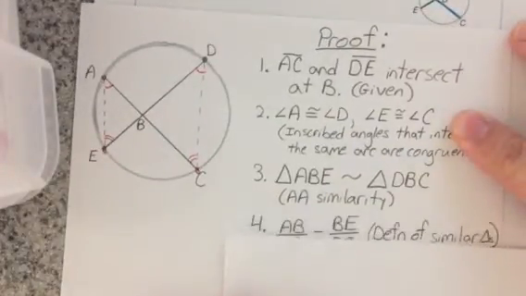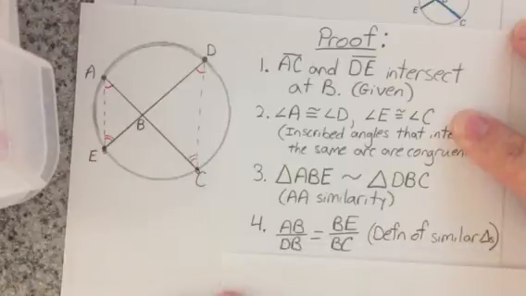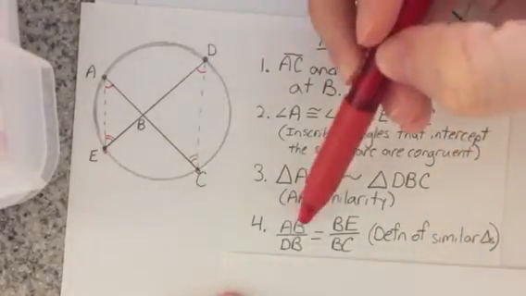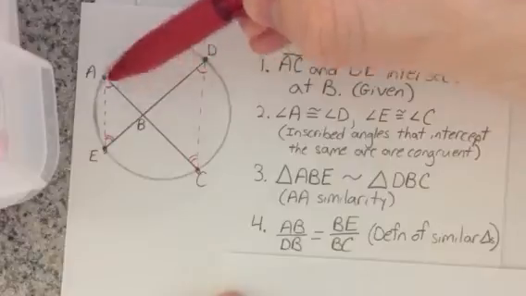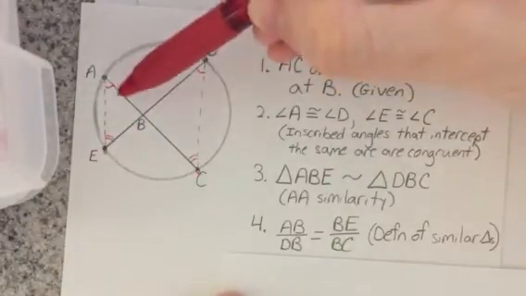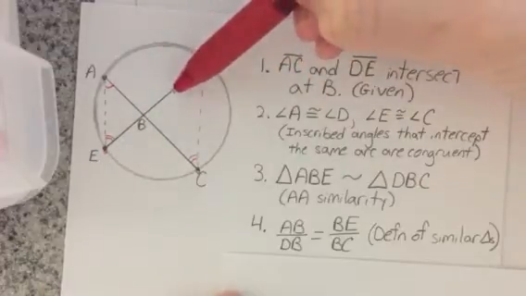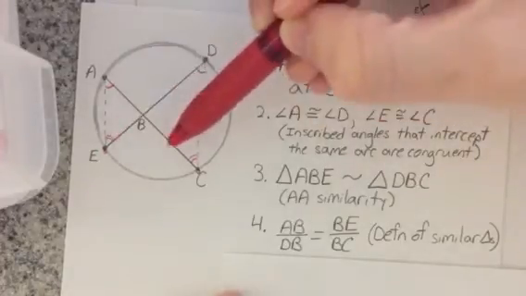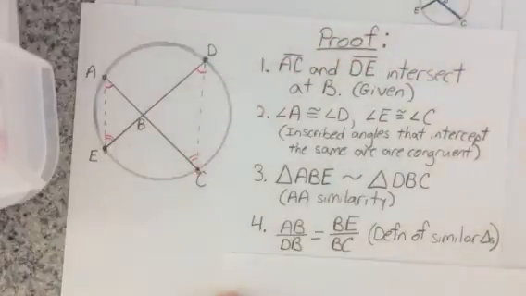So in step 4 here, this is what I wrote out. I said AB over DB, right? I compared this side to this one, looking at this triangle and this triangle. So AB over DB is equal to BE over BC, because their sides are proportional. That's just the definition of similar triangles.